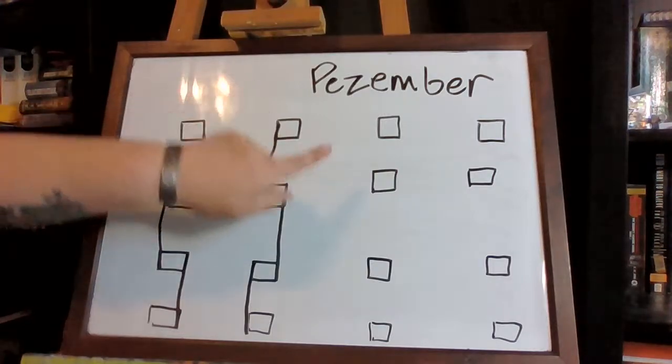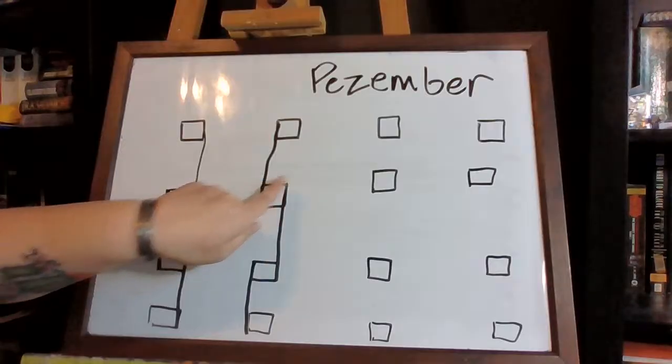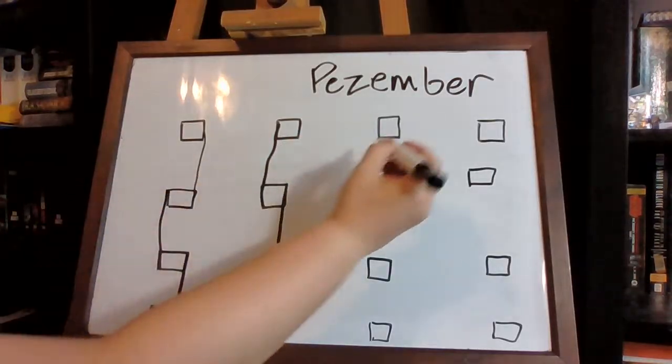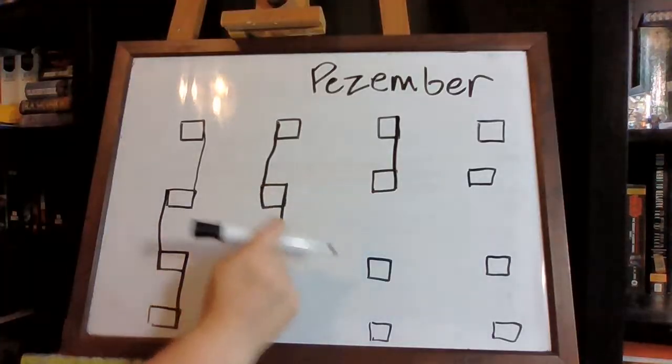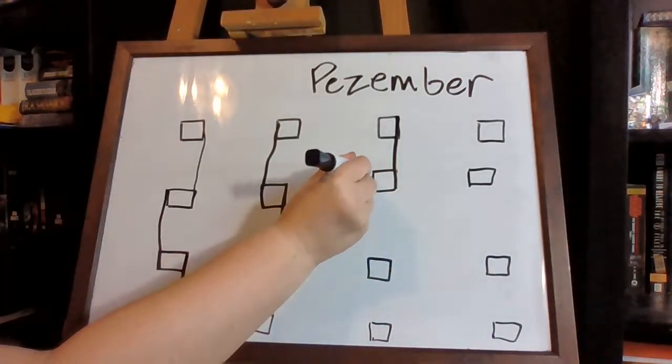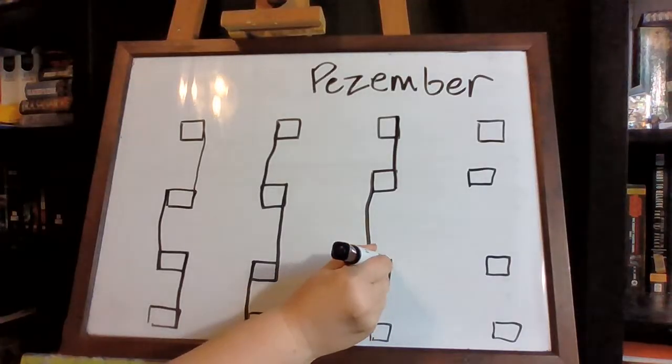And then if you jump over to this pair here, if you look at this one, it's now on the outside. So that means we need another outside on this one here. Same thing with this four. This one's on the inside. And the last one is on the outside.